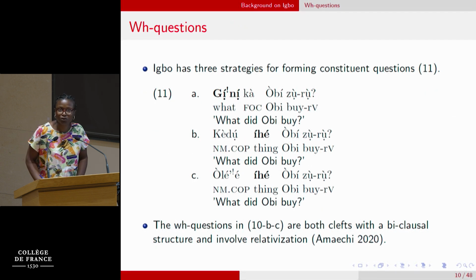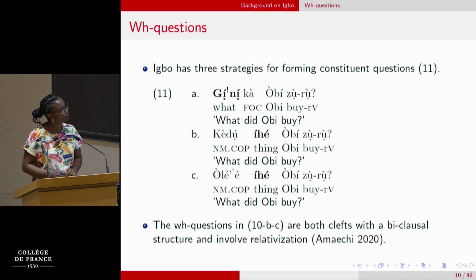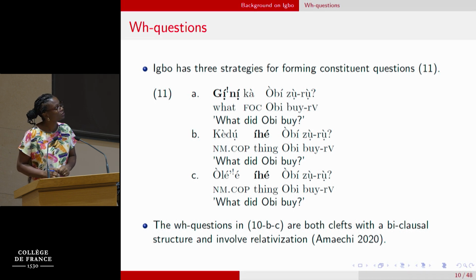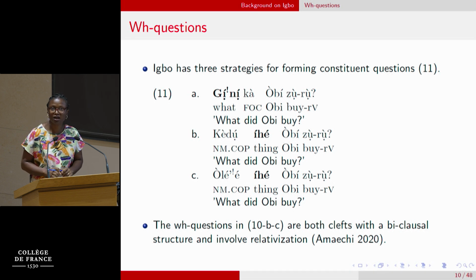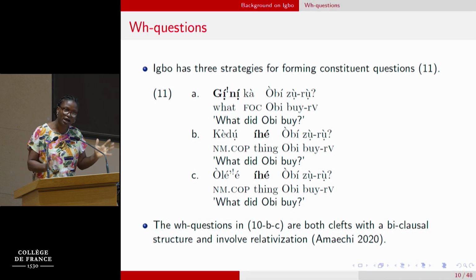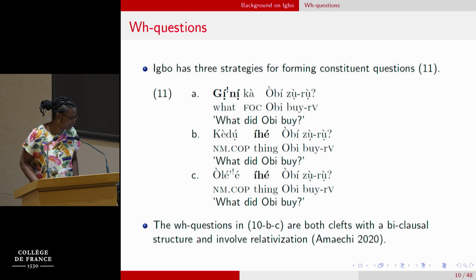So now I'm looking at WH questions. Igbo has 3 strategies for forming constituent questions. The first one involves focus movement, where we have the WH phrase moving to the clause initial position. And whenever we have this overt movement, we always get this ka, which we analyze as a focus marker.